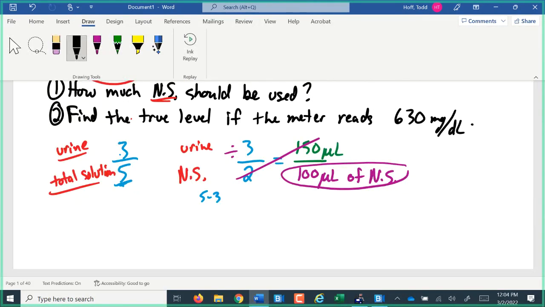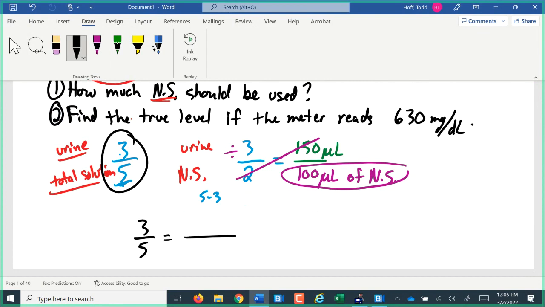Now this next part is an application of our dilution going in reverse to interpret a meter reading. We go back to the original dilution, the actual 3:5 dilution, and we're going to compare it. Now, this is a diluted sample. That means water has been added to it to reduce the concentration of whatever we're testing, whether it's blood sugar, glucose, cholesterol, or proteins.